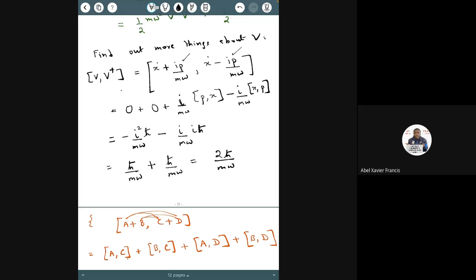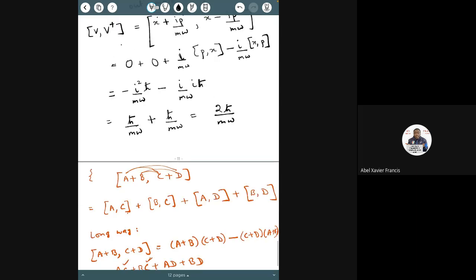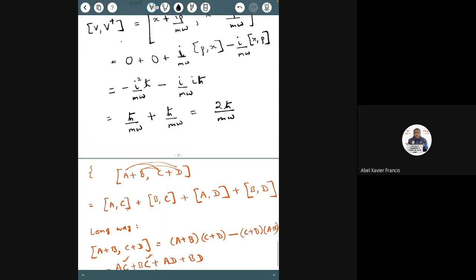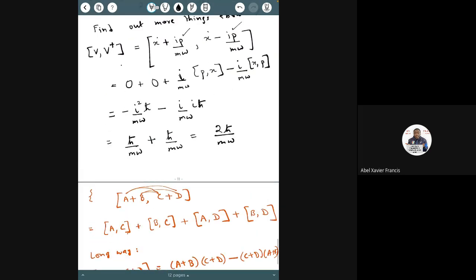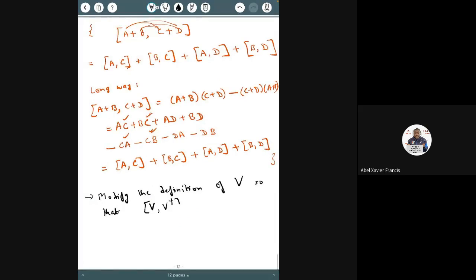Now what we will do is, since V is something we have defined on our own anyway, we will modify the definition of V so that the V, V dagger commutator is equal to 1.